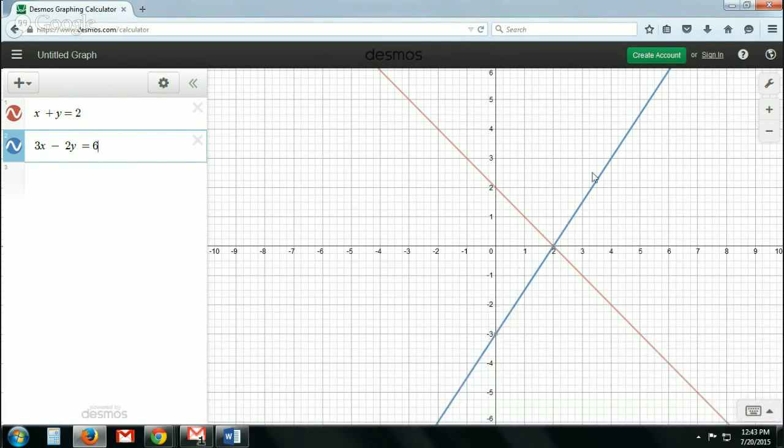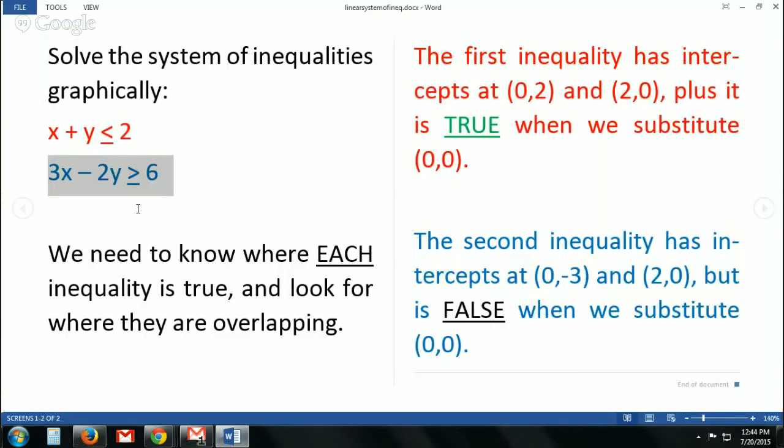So the blue line, that is how the bottom equation looks. But if we make it an inequality, when I test with (0, 0), if we put (0, 0) into the original inequality, 0 − 0 ≥ 6, that's going to be false.